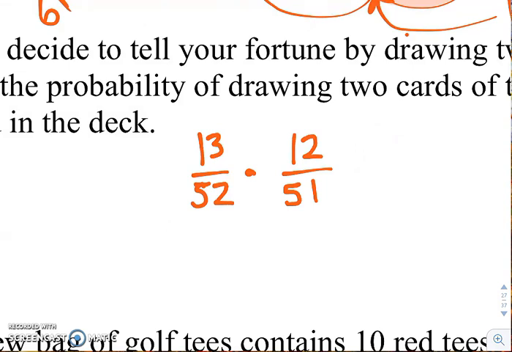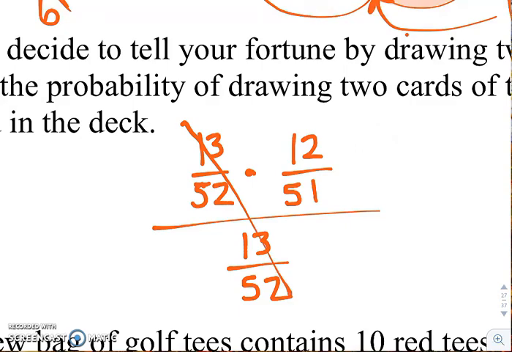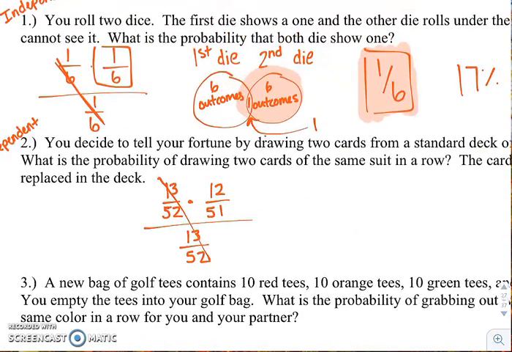So 12 out of 51. And we're going to divide that by our first event, given the first event was from that same suit. Because 13 divided by 52 over 13 divided by 52 is the same, we can actually cancel them out.